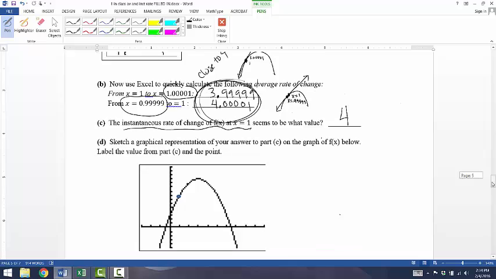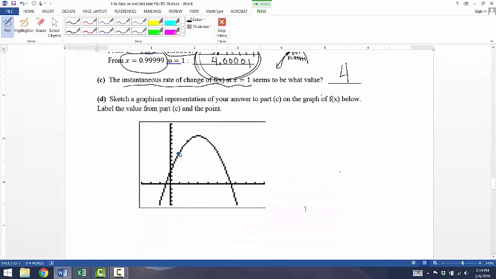To interpret that number 4 on the graph, we're saying at this point 1 comma 8, when x is 1, if you drew a tangent line, a line that only touches the graph of f of x at that one point only, not twice, just there. It's like parallel to the graph right at that time.